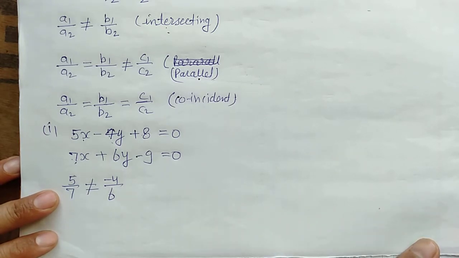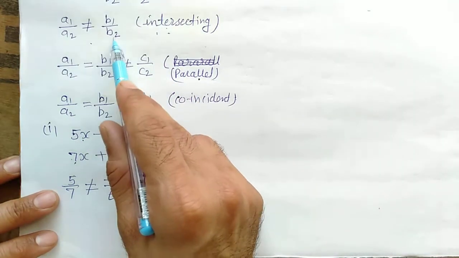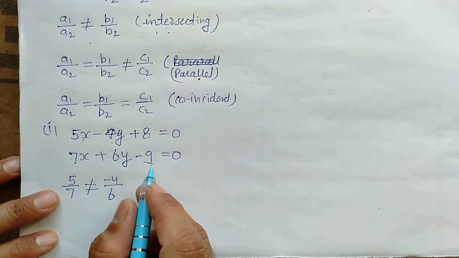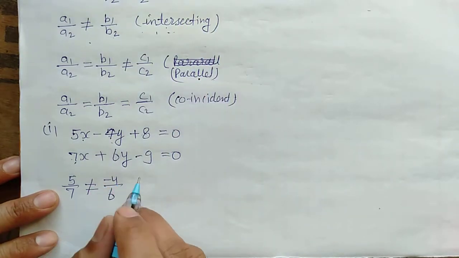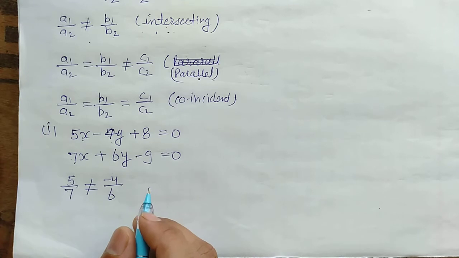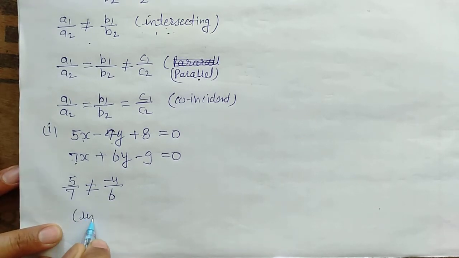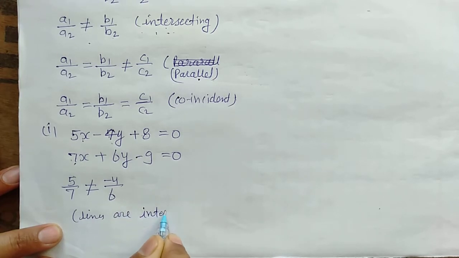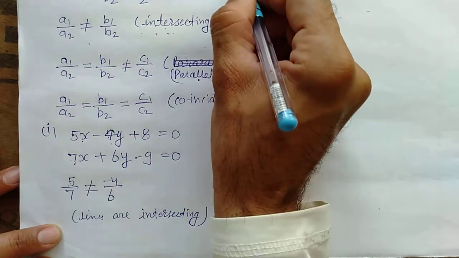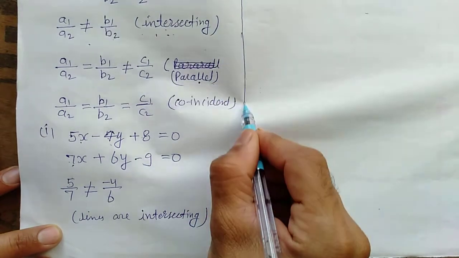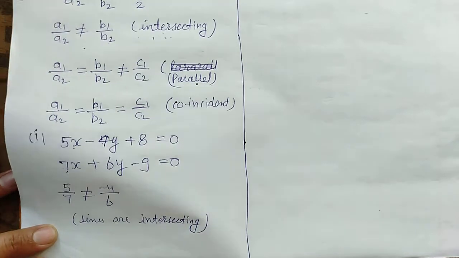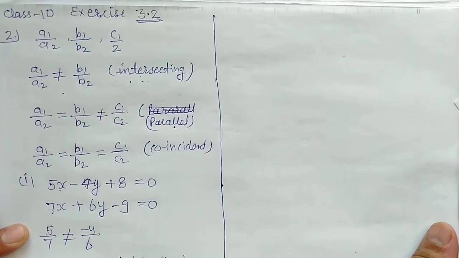If these are not equal, it means lines are intersecting. So according to the question, they will intersect each other at a point. Simple, we only have to see what type of lines are there. That's all, nothing else to do.